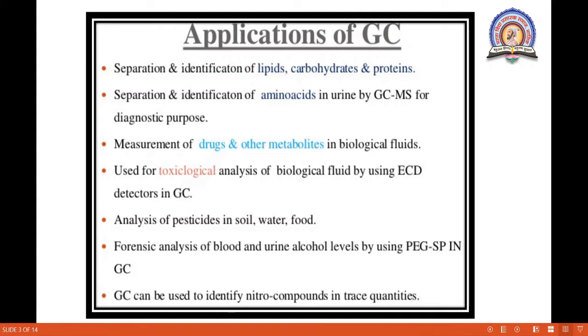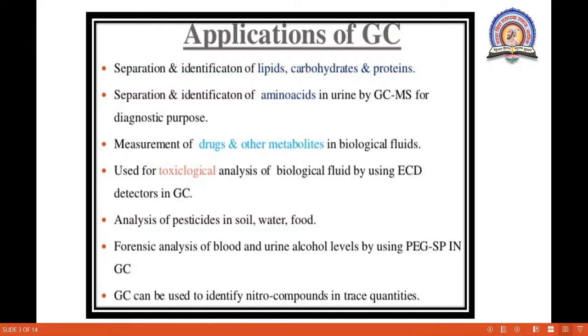Separation and identification of amino acids in urine by this GCMS, gas chromatography and mass spectrometry, for diagnostic purposes.